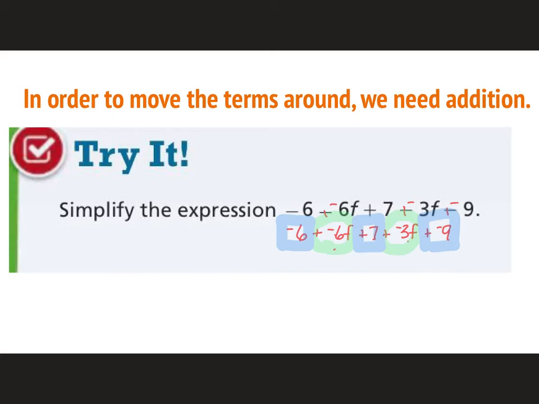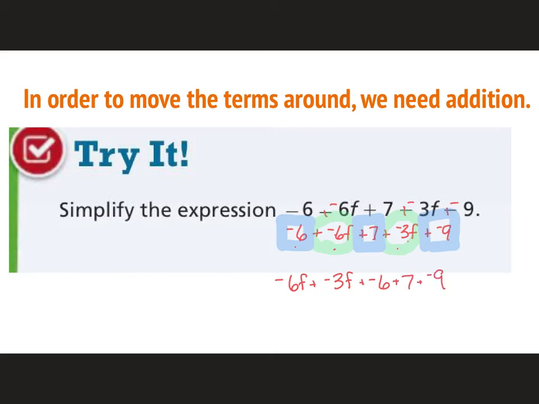So I start with these. I have negative 6F plus negative 3F, and now I'm going to do the blue boxes. So then I have plus negative 6, plus 7, plus negative 9.